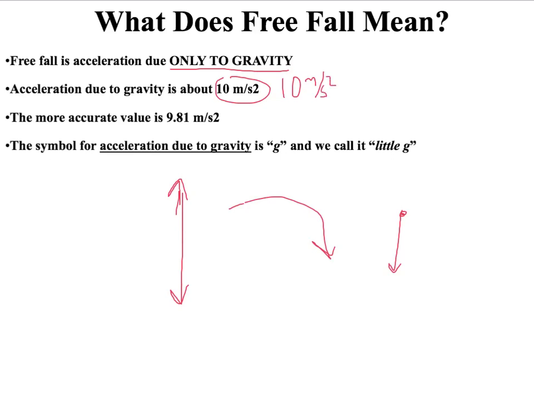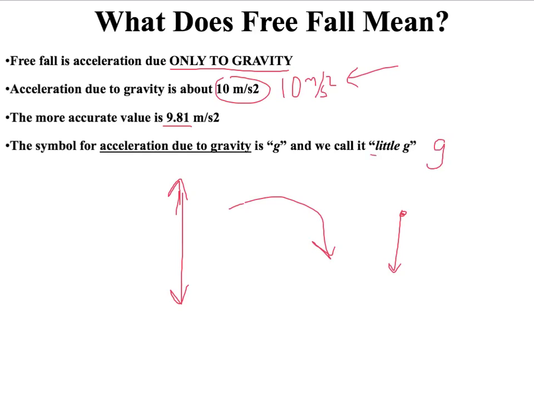Now that's a nice round number that we use to make our calculations easier, but actually the number is closer to 9.81 meters per second squared. But for this class, we're just going to say that the acceleration due to gravity is 10 meters per second squared. Now the symbol we use for acceleration due to gravity is little g.